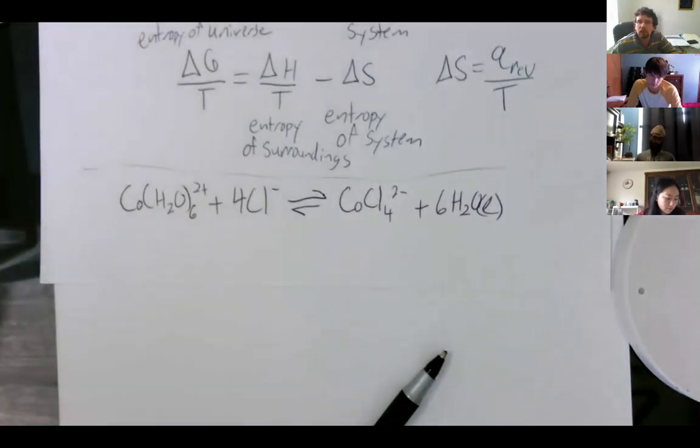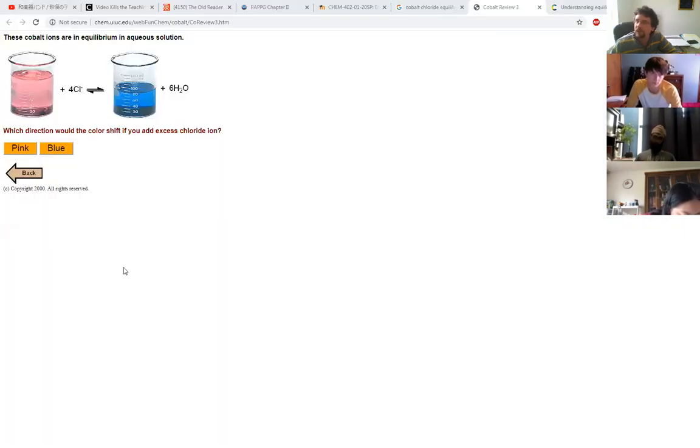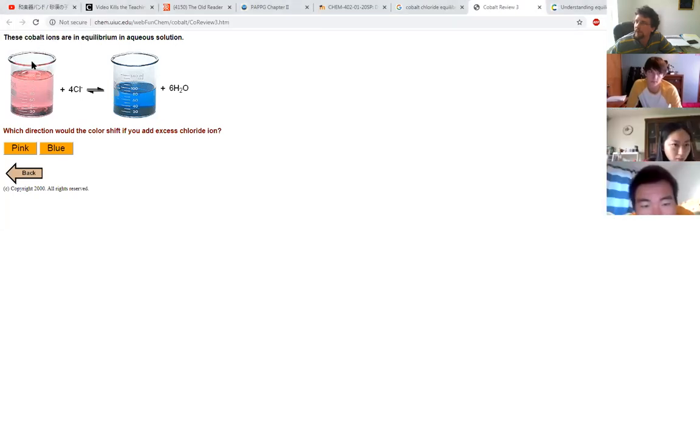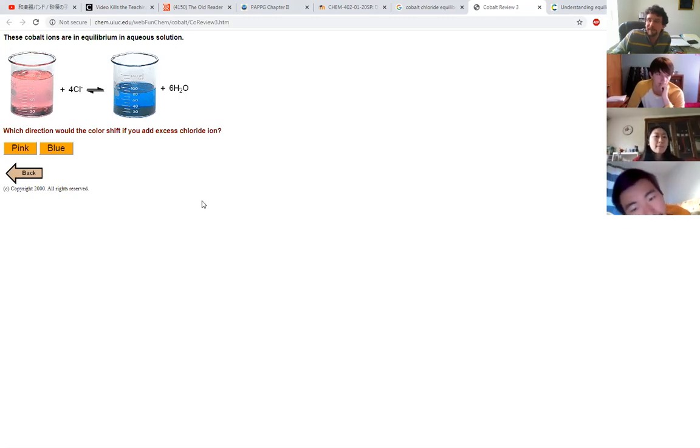So to show you what it looks like, can everybody see my screen right now? Yes. This one where it's got the pink solution and the blue solution? Yeah. So this is what the two look like. It's pretty cool to see. You can actually cause the transition to happen by adding more chlorine or taking chlorine away.